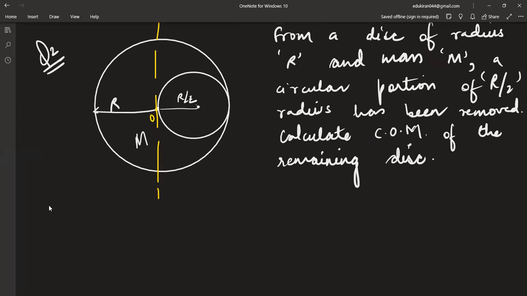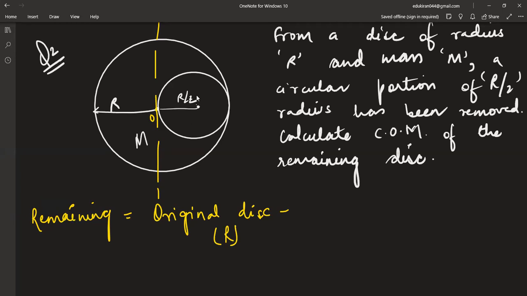Now see, if I have to find out the remaining center of mass, how will I obtain the remaining part? The remaining will be the original disk whose radius is r, minus the disk of radius r by 2, the smaller disk.